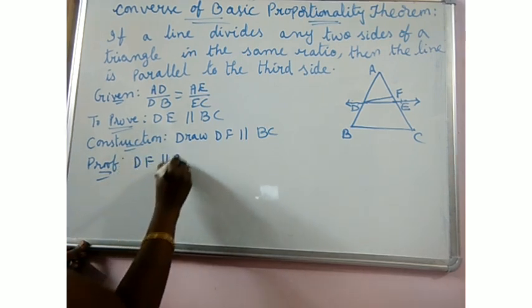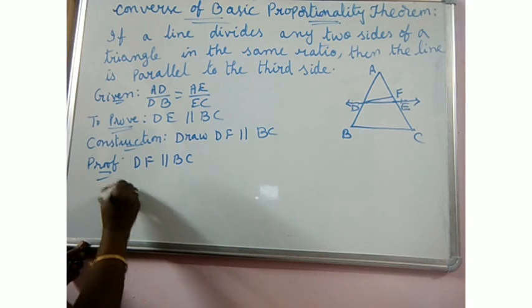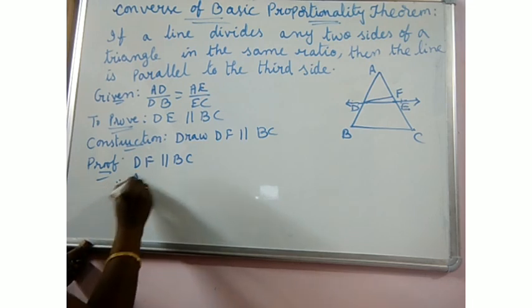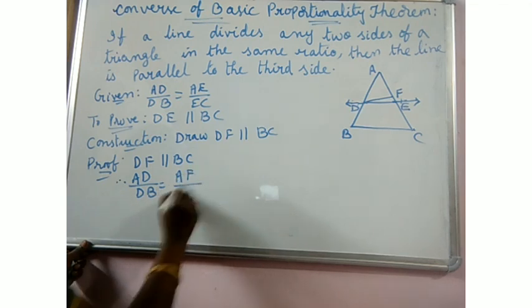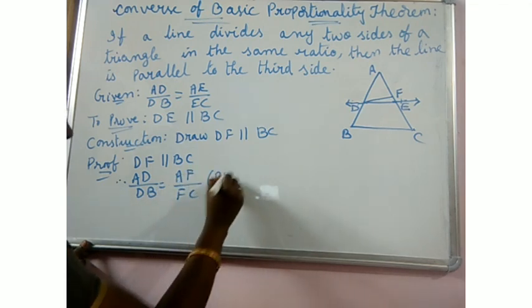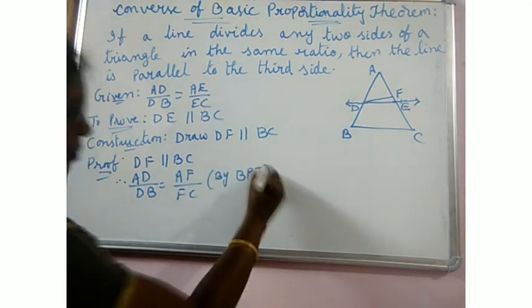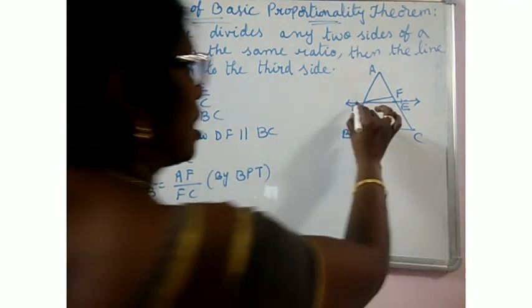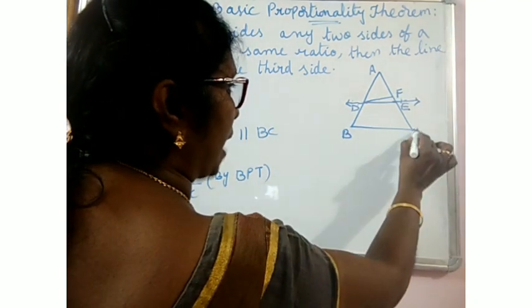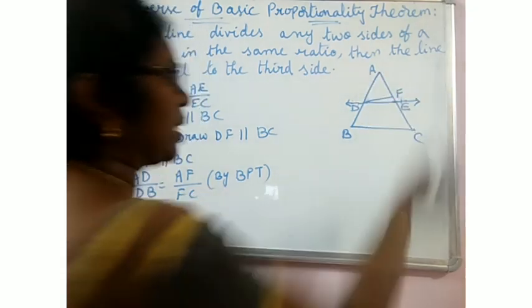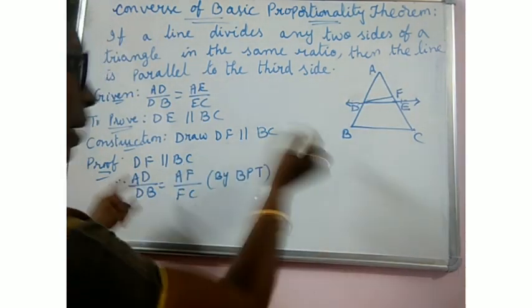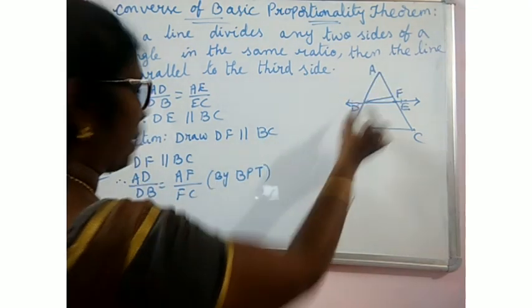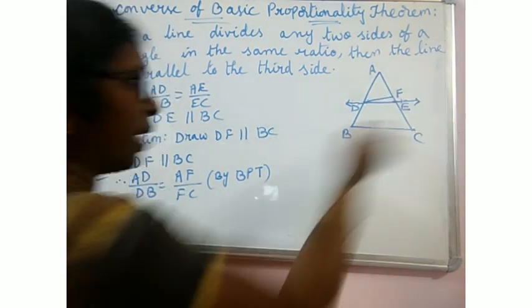Therefore, AD by DB is equal to AF by FC. That is by the basic proportionality theorem, which you have just learned: if a line is drawn parallel to one side, that line divides the other two sides proportionally. So if DF is parallel to BC, AD by DB equals AF by FC.